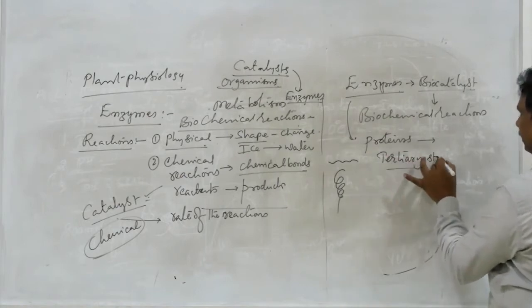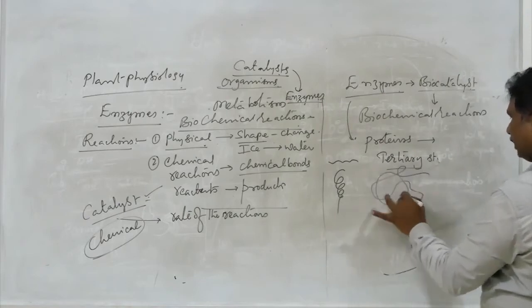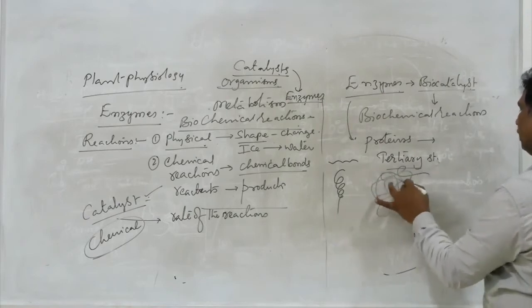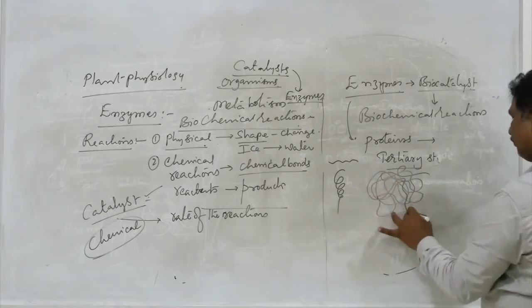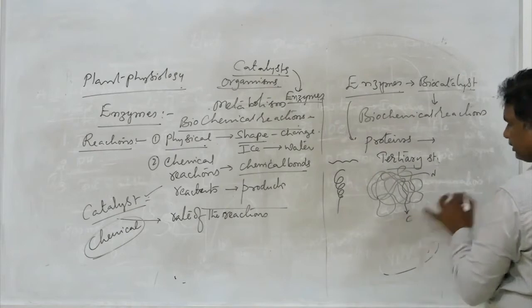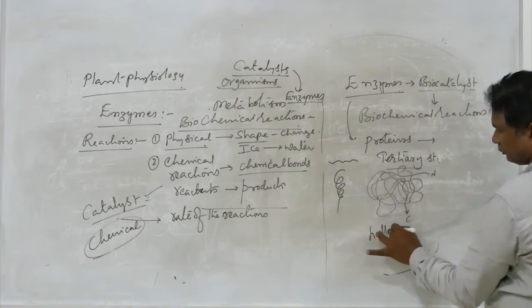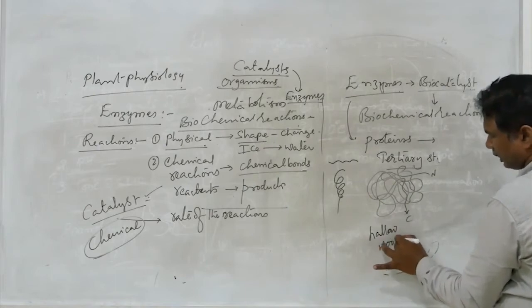The tertiary structure has the polypeptide chain or protein molecule with a large number of enfoldings, from the N-terminal to the C-terminal. It looks like a woolen ball.